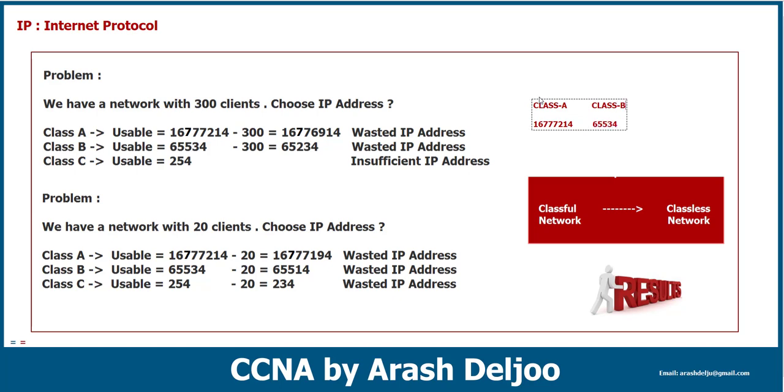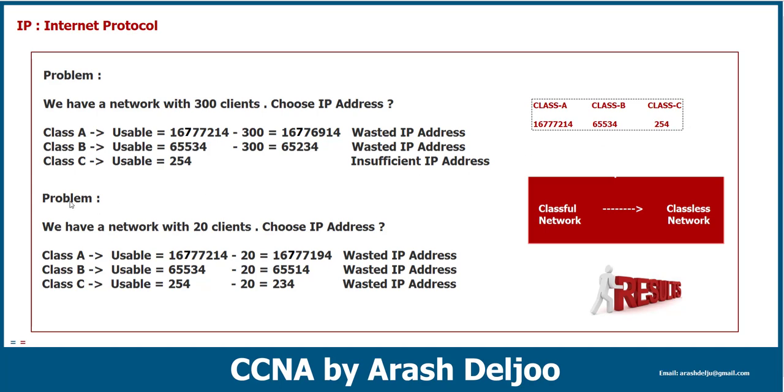Again, this is so huge a number, and we don't need this amount of IP addresses in one network. Also, if you are using class C, you have only 254 IP addresses, and maybe this is not sufficient for each network. Here we have only three choices. We don't have another choice. For example, we can't assign 350 addresses. This is the shortage of the IPv4 address class rules.